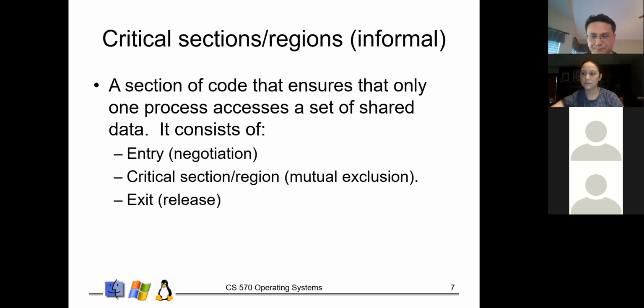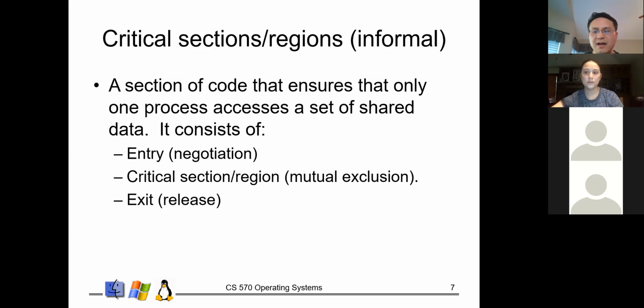So basically, when you enter the critical section, you have what we call a lock. Later on, we will discuss that in detail. You will have some sort of access granted to this process, and then you can access the critical section.